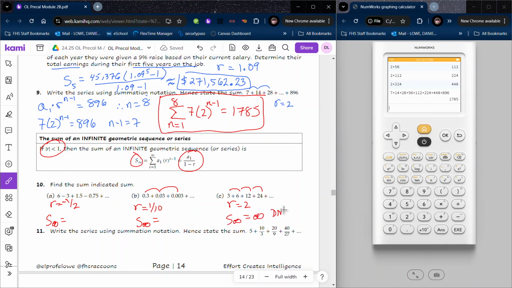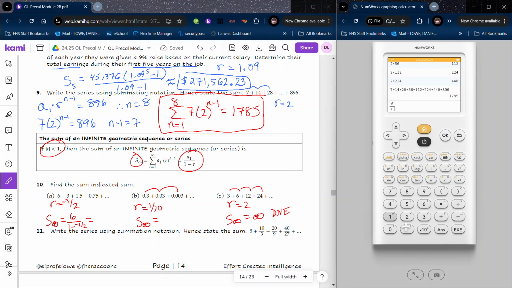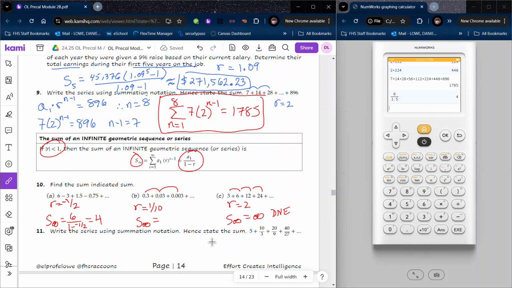it does not exist because I will only have an infinite sum if the magnitude of that ratio is less than 1. So what is going to be that infinite sum? Like we said, it's going to be the first term divided by 1 minus my ratio. And on my calculator, 6 divided by 1.5, because 1 minus negative 1/2 is 1.5, and that gives me a summation of 4.